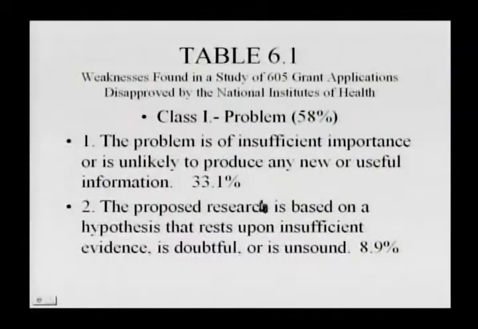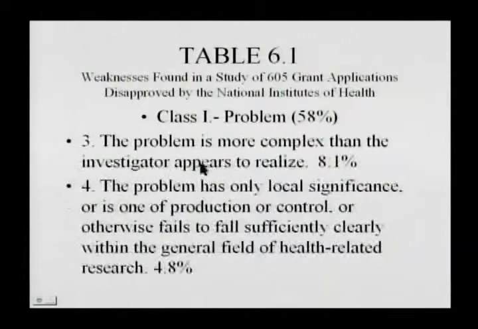About a third of them in this class fell into that situation. The proposed research is based on a hypothesis that rests upon insufficient evidence, is doubtful, or is unsound. So a poorly or improperly stated or poorly developed hypothesis, close to 10% there.